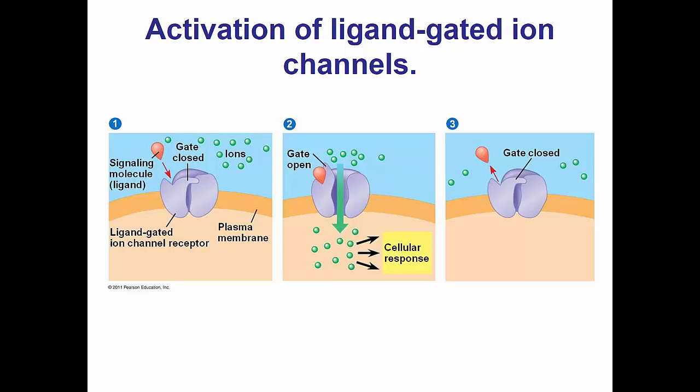So these ions are going to flow down their concentration gradient from an area of high concentration to an area of low concentration, which, as you remember, passive transport releases energy. So this is actually an exergonic process. And then when the neurotransmitter is no longer bound, the gate closes and transport ceases.